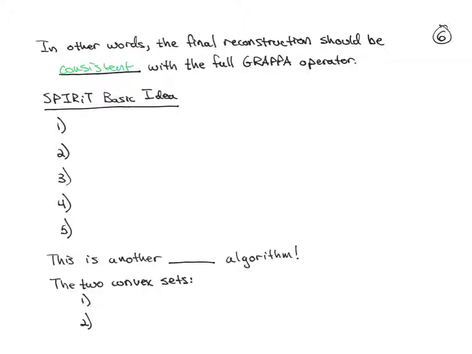So here's the overall algorithm. First, you calibrate on the entire neighborhood. Then you fill in the known data and set all the other data to 0.